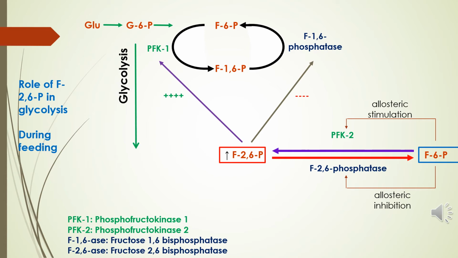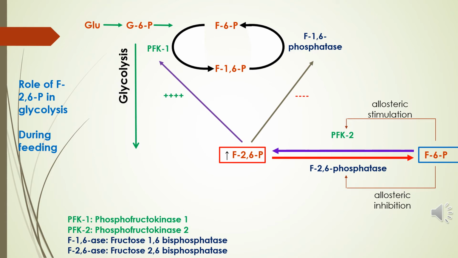This bifunctional enzyme, the phosphofructokinase 2, is under allosteric control of fructose 6-phosphate. Fructose 6-phosphate stimulates the kinase and inhibits the phosphatase activity of this enzyme.